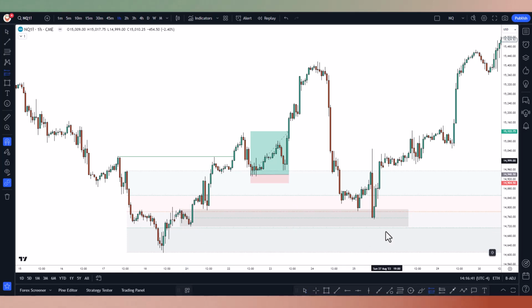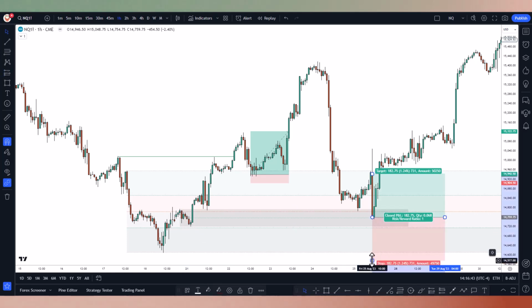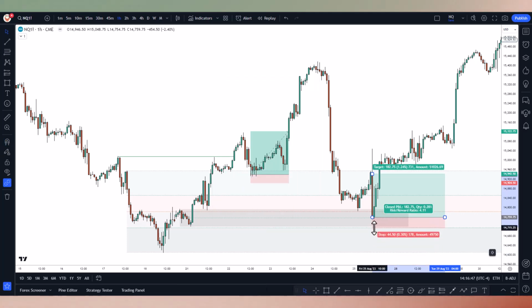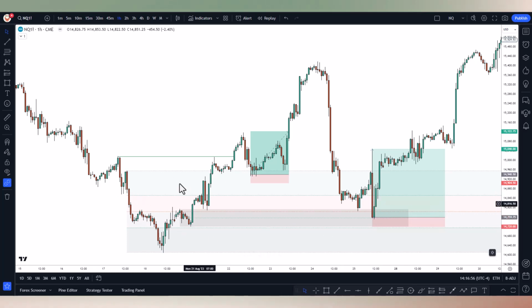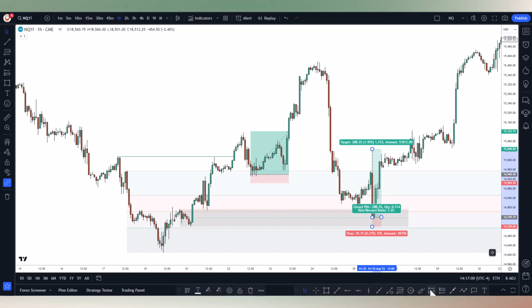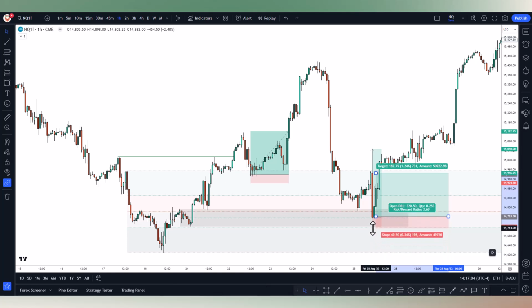So you want to take this and trade at least to the high that brought price to mitigate this entire zone, and you want to have another one to target this high in here.